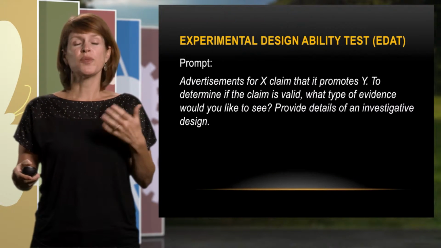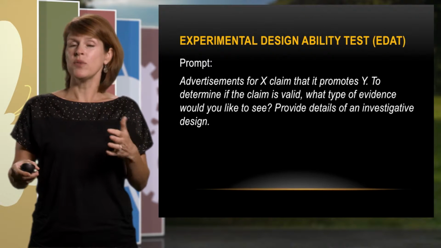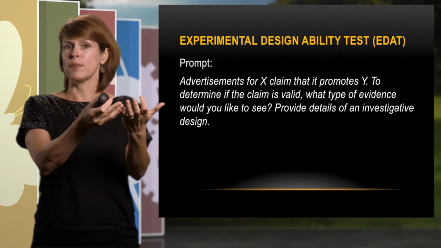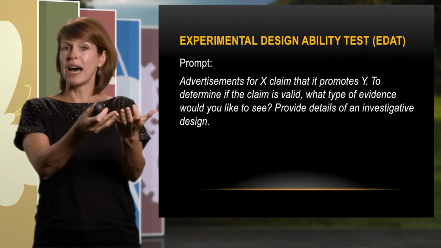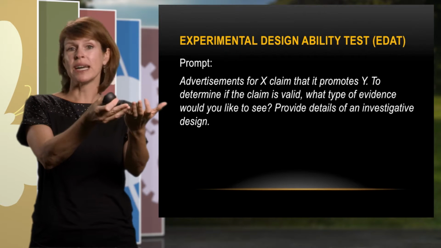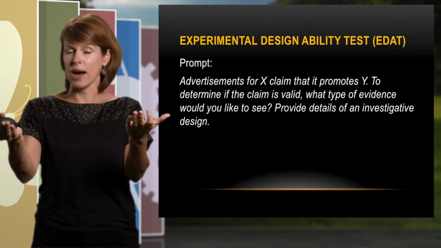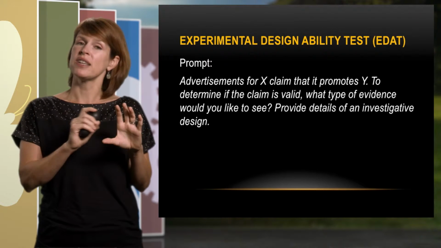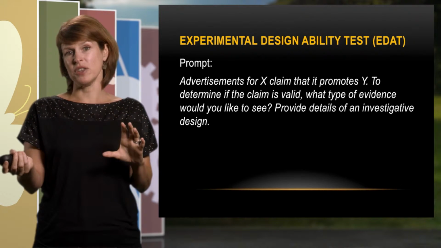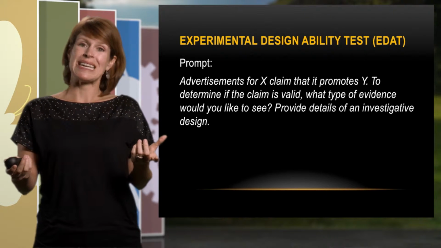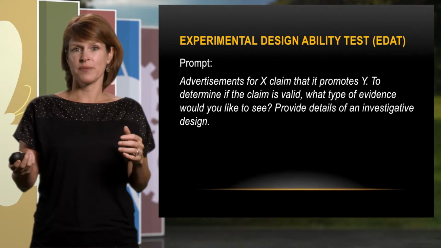So students are presented with a prompt in which they are asked to evaluate a claim, such as a claim that product X promotes outcome Y. The students provide a written description of the investigative design they would use to evaluate that claim, and it usually takes them about 10 to 12 minutes.